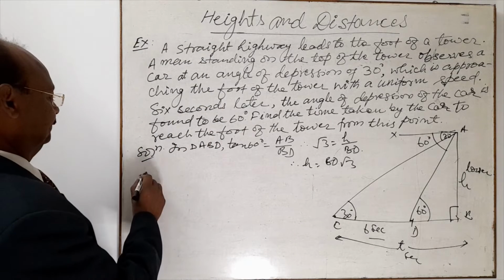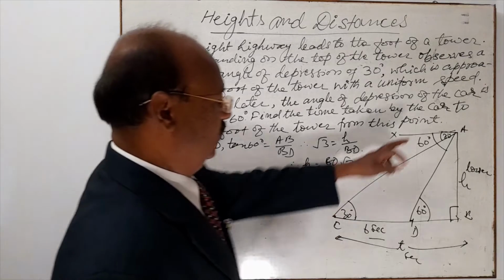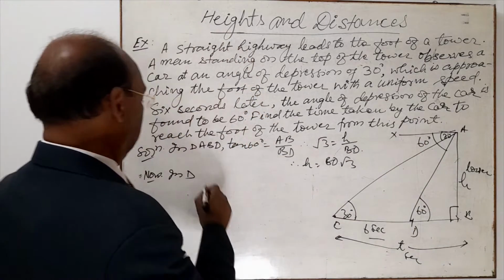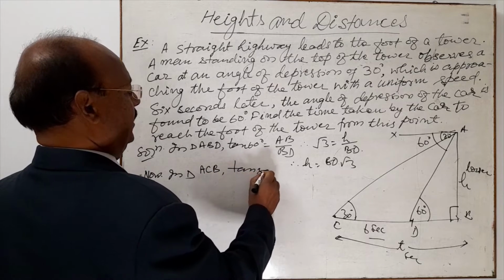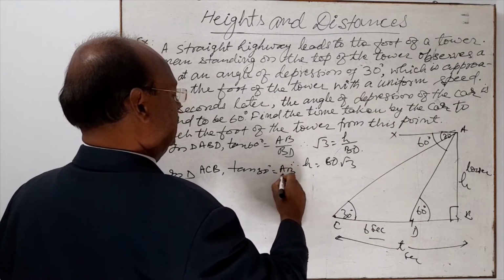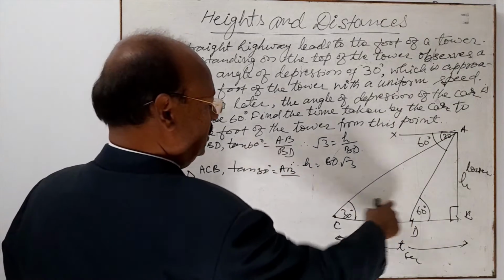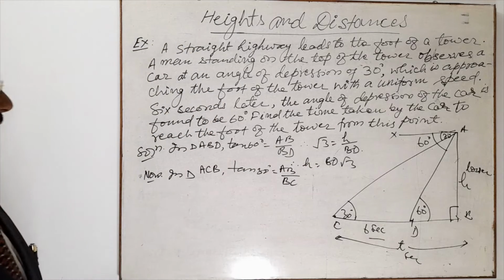Now, in triangle ACB, we can write tan of 30 degrees is equal to, again perpendicular is AB and base is how much? BC. Base is BC.